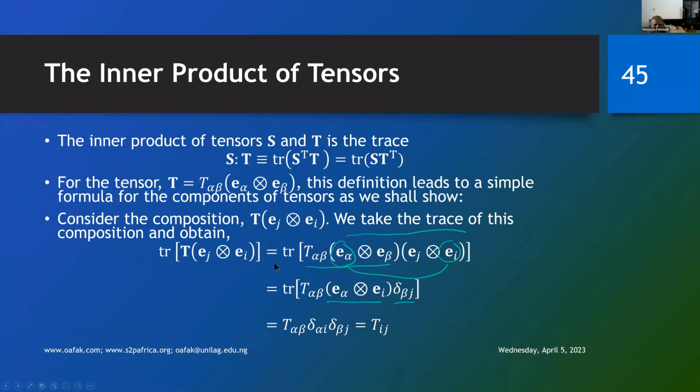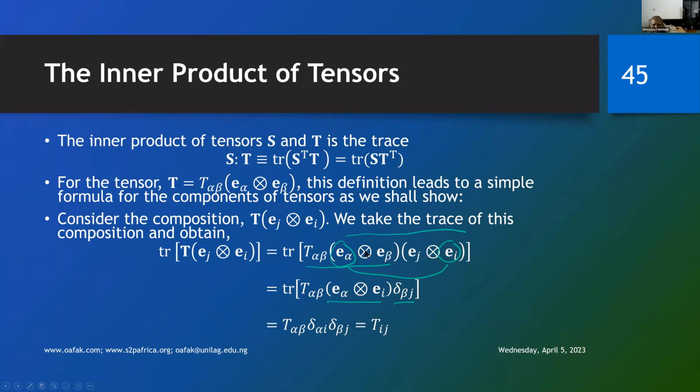Which line are you talking about? Is it the second to the last line? Let's see. How did E alpha dyad E beta become Kronecker delta?